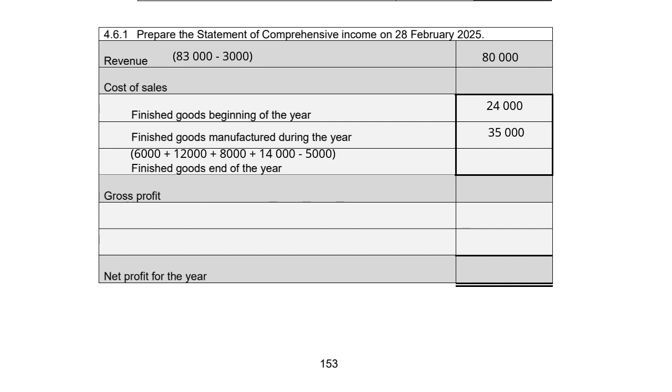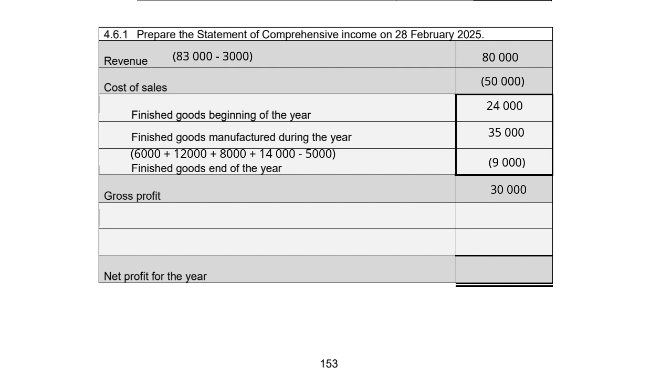Our finished goods at the end of the year is given as 9,000 Rand, which we subtract. So our cost of sales will then be 24,000 plus 35,000 minus 9,000. And that gives you an amount of 50,000 Rand. So our gross profit will be 80,000 minus 50,000, which is 30,000 Rand.